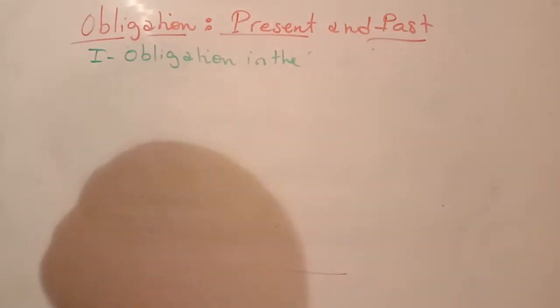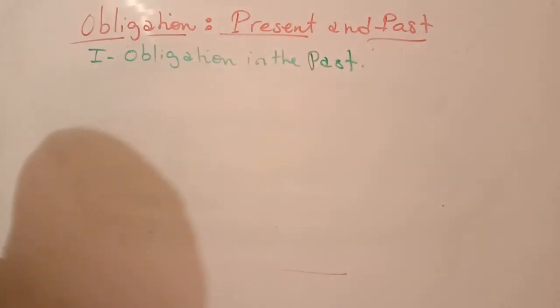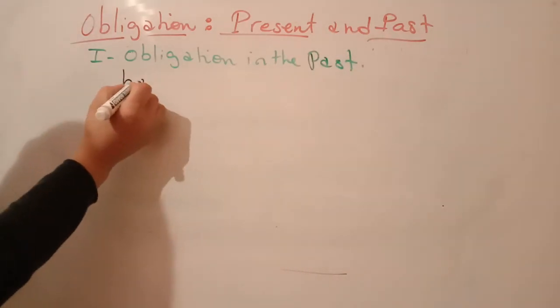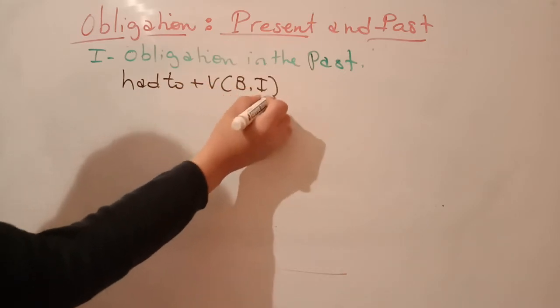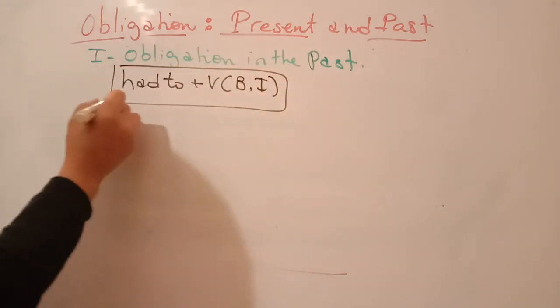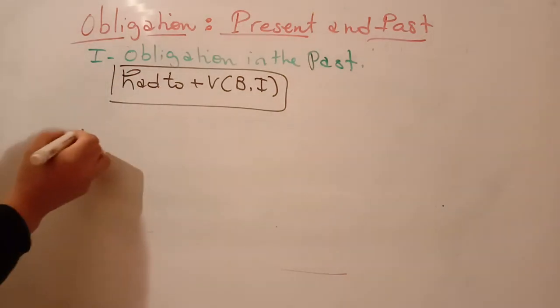Okay, so to express obligation in the past, we use this form, had to plus verb bare infinitive. Okay, had to plus verb bare infinitive. Let's study these examples.